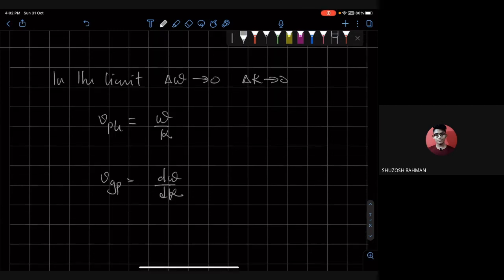Okay, and this is the important relationship about the group velocity that I wanted to derive. And you can see that these two are not necessarily the same. Okay, so this is the definition of a group velocity. Now, any questions?